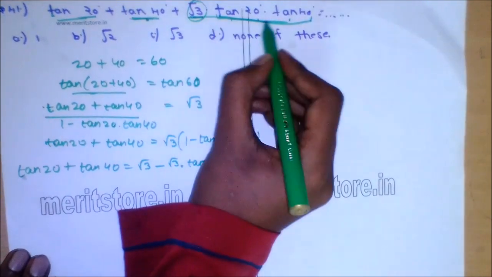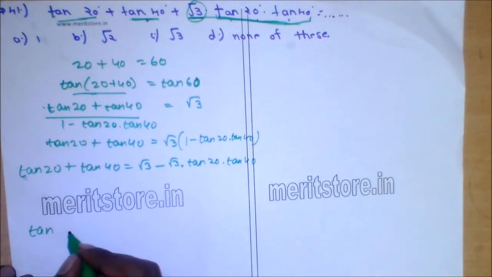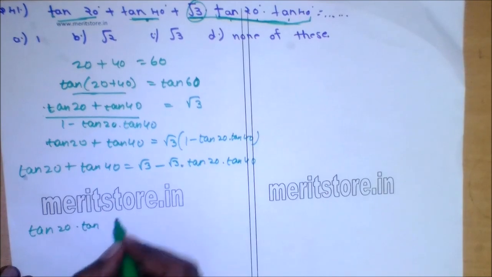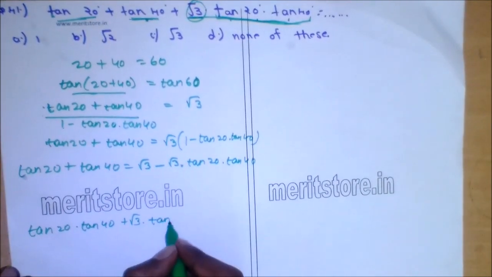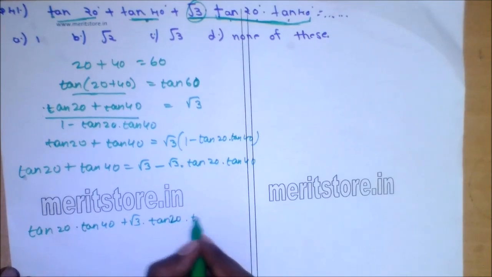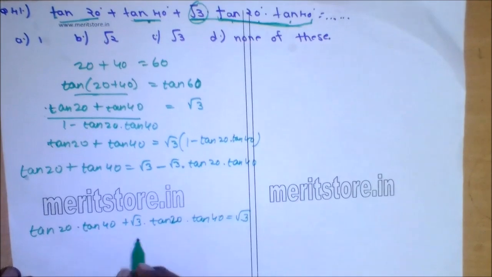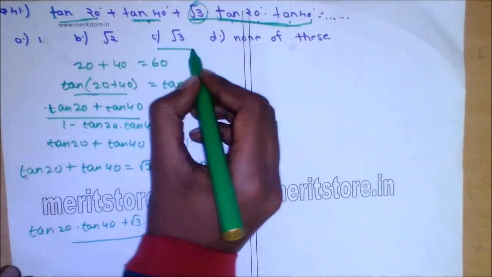So we got the complete term. So we shift everything to one side. So we get tan 20 plus tan 40 plus root 3 into tan 20 into tan 40, which is equal to root 3. So the answer is root 3, which is option C.